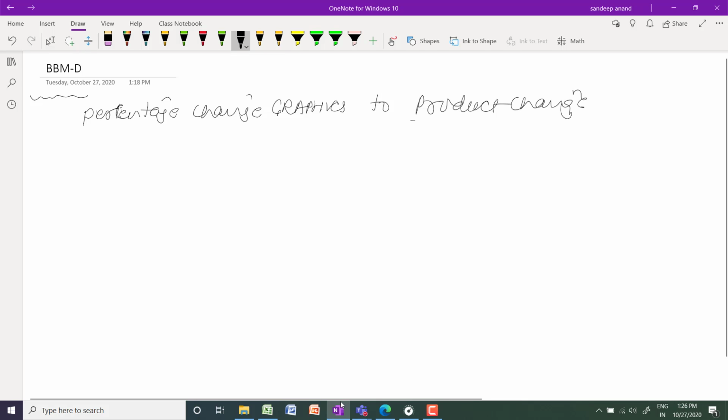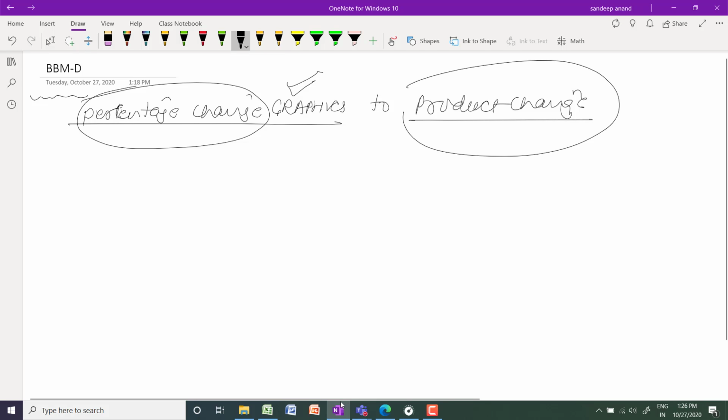This was the last topic. The percentage change graphic, I need to calculate the percentage change with the help of the graphic method for the product change. Product change means whenever there is a multiplication of two variables or more than two variables. Product means multiplication, multiplying the value with two or more than two values.